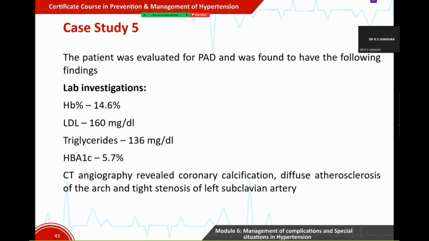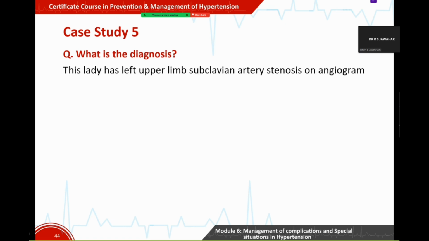Here the LDL cholesterol is 160, our target is 70. CT angio revealed coronary calcification, diffuse atherosclerosis of the arch and tight stenosis of the left subclavian artery. So left subclavian artery stenosis. So that is the diagnosis.